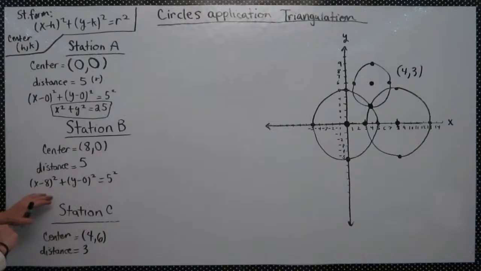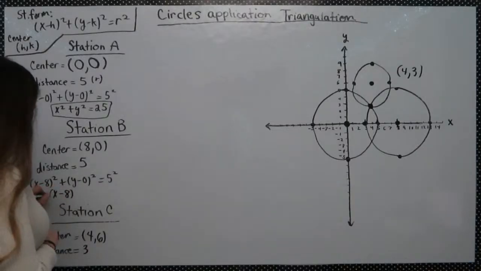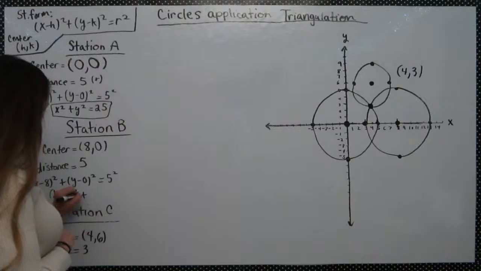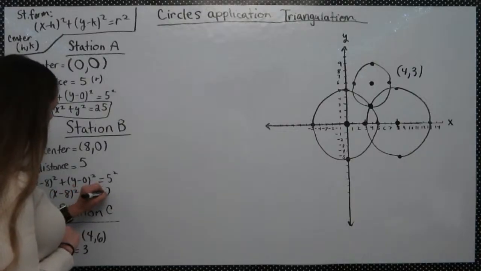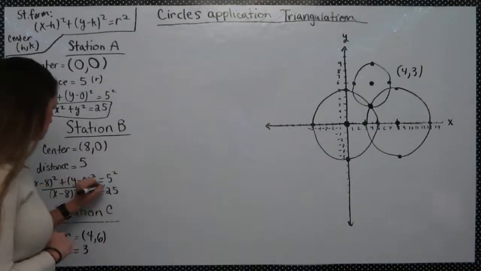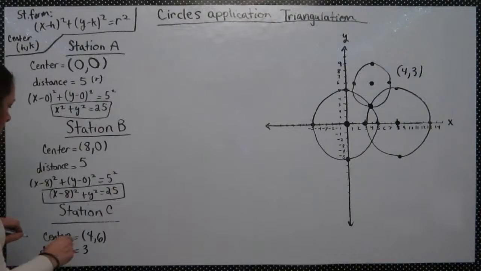And then we'll simplify this a little bit, and we can say (x minus 8) squared plus y squared equals 25. And let's go ahead and box that. And then this one down here, let me see if I can.